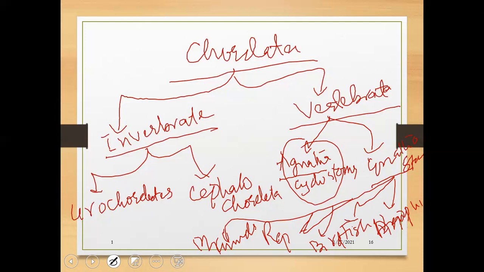Agnatha means they have a circular mouth. In gnathostomes, they possess jaws, upper and lower jaws. These gnathostomes are further classified into fishes or pisces, and the other known as tetrapods. We will discuss, inshallah, all these one by one. So thank you very much.